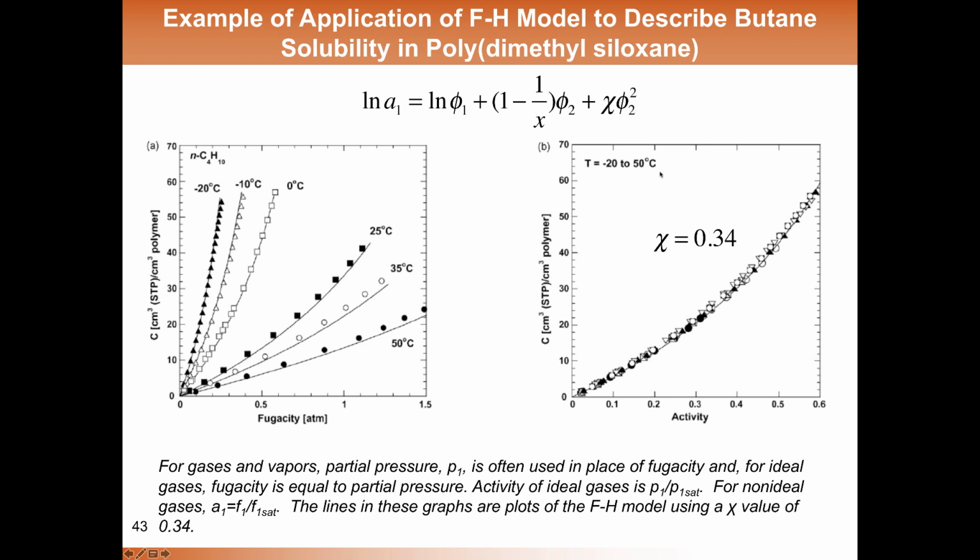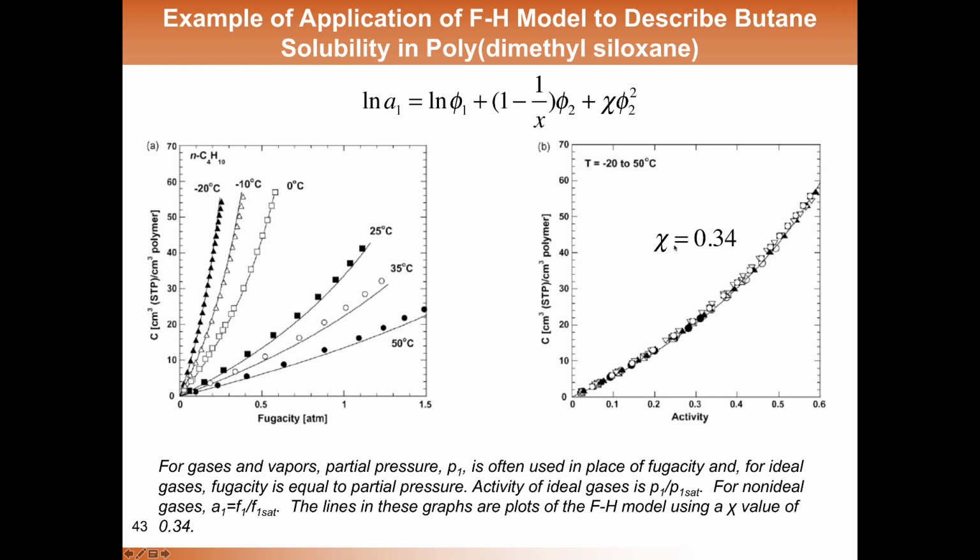And so this is really helpful. And what it says, based upon these types of calculations, is that once you've measured, for example, just one of these isotherms, the data at one temperature, you can now predict the solubility of gases in polymers at practically any other temperature you want using this simple model with a constant value of chi.